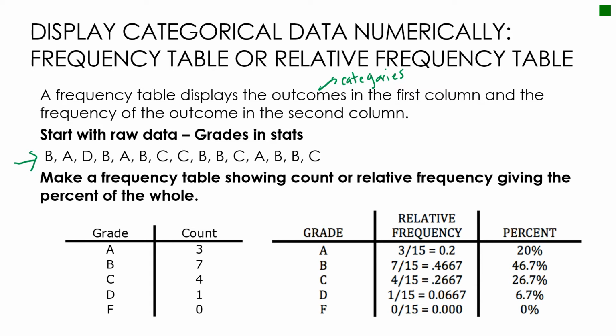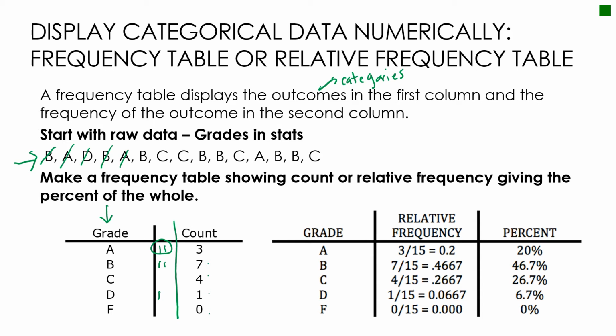To create the frequency table, I have created a column that has all of the different options: A, B, C, D, and F. And then I essentially counted. Quite often you'll see a column in between here where we would make a mark for B, and make a mark for A, and make a mark for D, etc., so that we know that we don't miss any of our data. Once we're done going through all of that, we would then count up how many total, so we would end up with 3, 7, 4, 1, and 0.